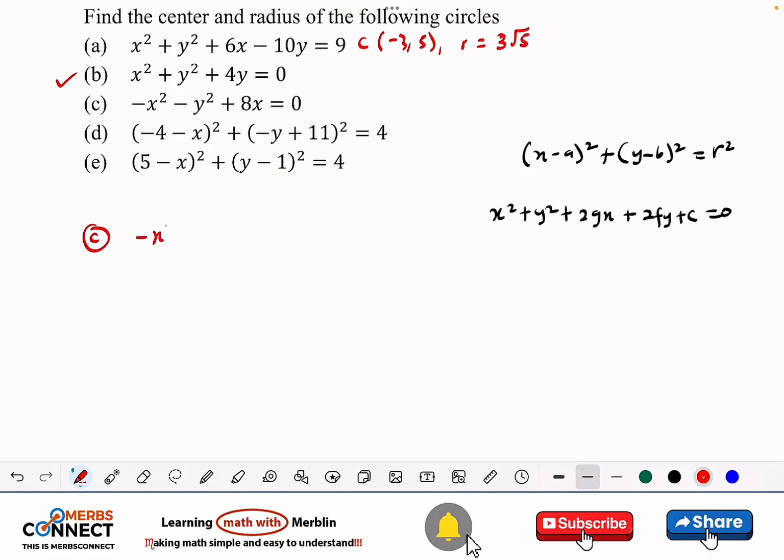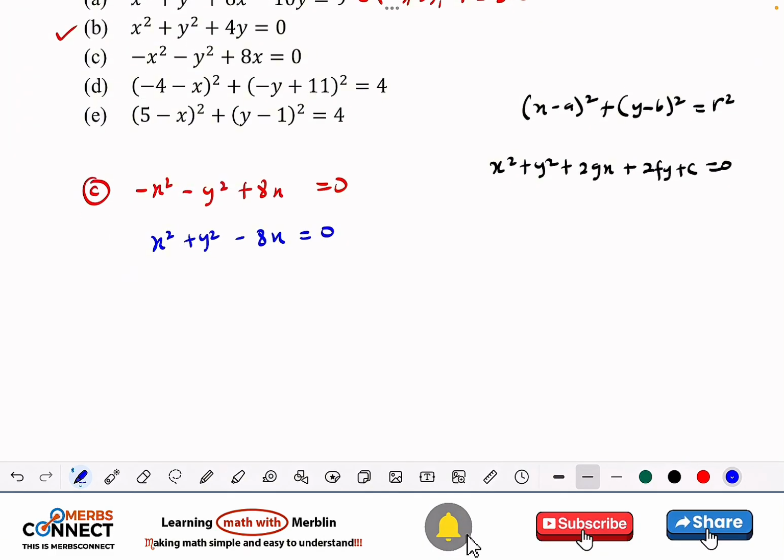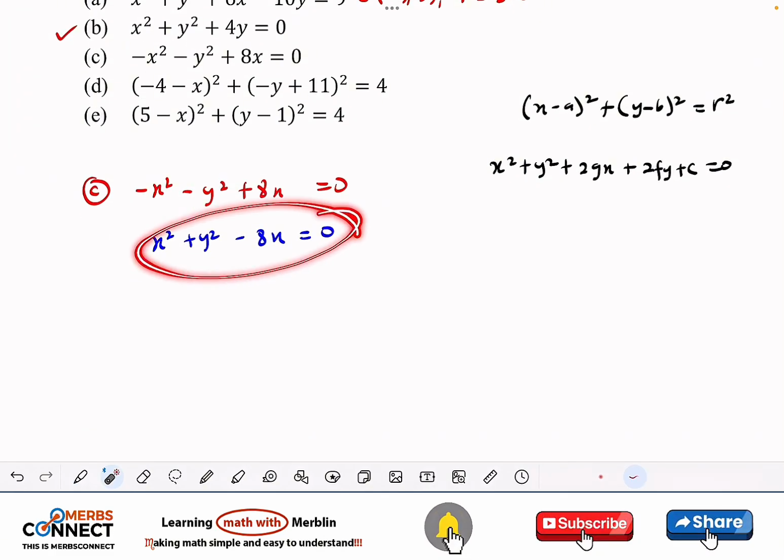So minus x squared minus y squared plus 8x is equal to 0. So basically what we can see from here is these are positive, right? So I need to make sure that these guys are positive. So I'll multiply through by minus, and I'm going to have x squared plus y squared minus 8x is equal to 0. So let's try and compare this to this.